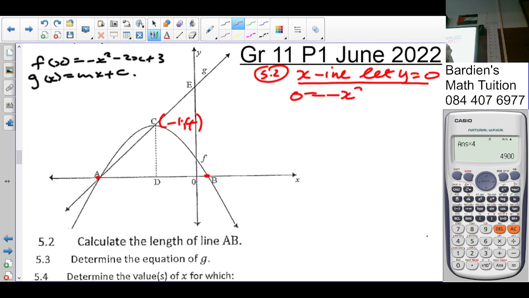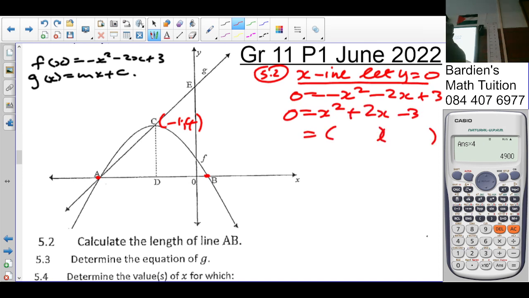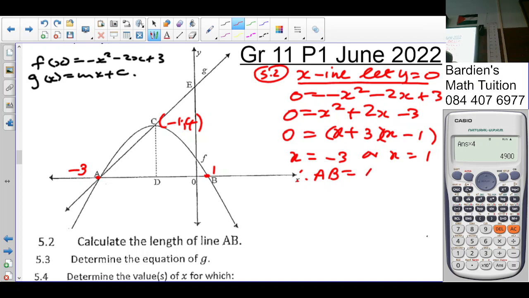So 0 is equal to negative x squared minus 2x plus 3. So 0 is equal to x squared plus 2x minus 3. Trinomial, you can use your quadratic equation here as well, doesn't matter. So you got x and x, 3 and 1, plus and minus. So x is equal to minus 3 or x equal to 1. But have you answered the question? The question is, what is the length of AB? Therefore the length of AB is going to be 4 units.